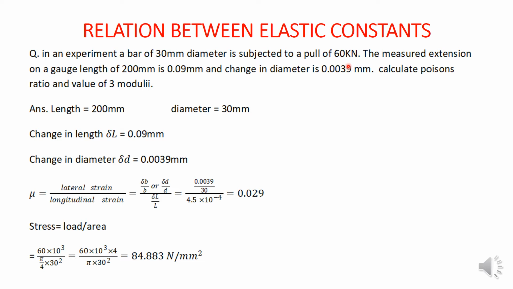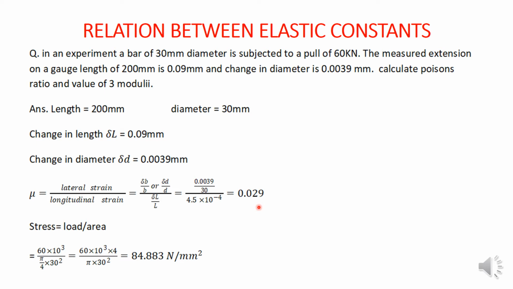That is the change in diameter divided by original diameter, so 0.0039 divided by 30 will be the lateral strain. So the Poisson's ratio mu is equal to lateral strain divided by longitudinal strain, and that's equal to 0.029.